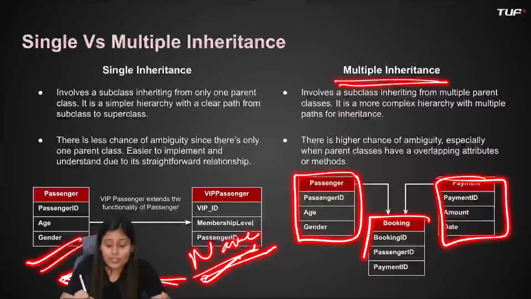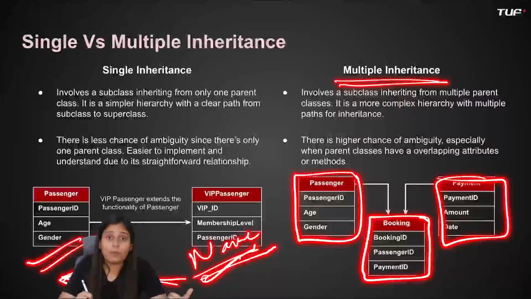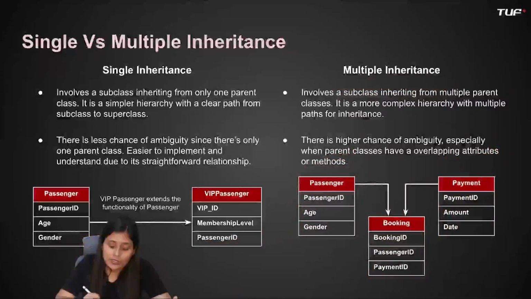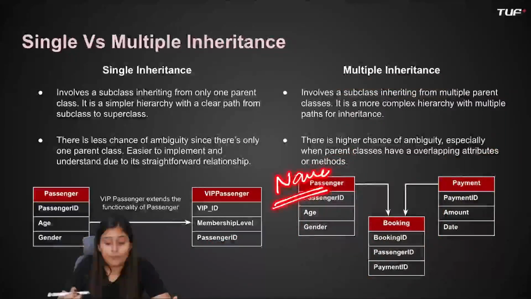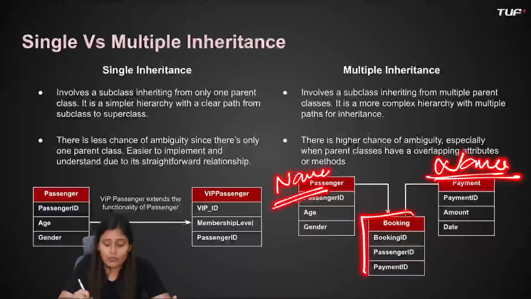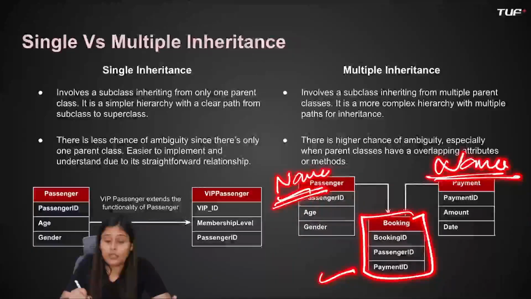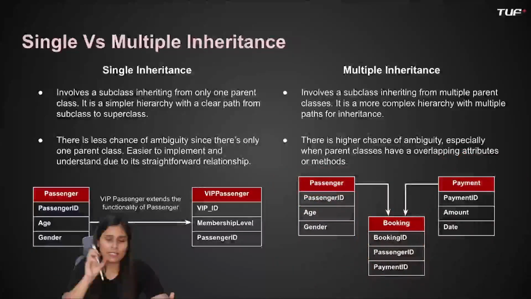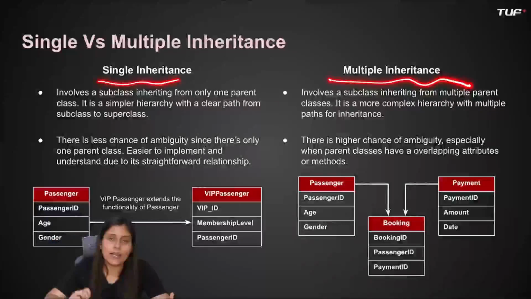Like a child can have attributes or behavior of the mother and also the father. Let's suppose we have name as an attribute in passenger and also name as an attribute in payment. In that case booking will be confused about which name it needs to take, right? That is the ambiguity problem which occurs in multiple inheritance, but it's not there in single inheritance.